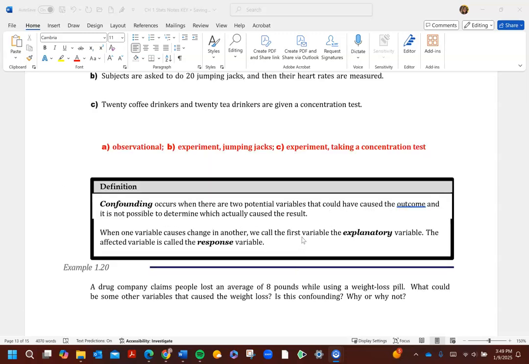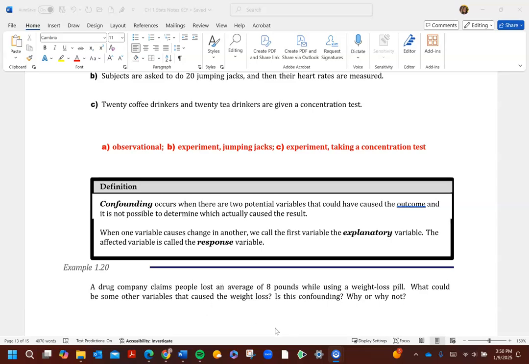Some things I was thinking about are diet and exercise, that could make a difference. Maybe they're just taking the pill and they think that's good, so they're more conscious, not just mindlessly eating more. It's confounding because we can't know for sure if the pill caused the weight loss or not.